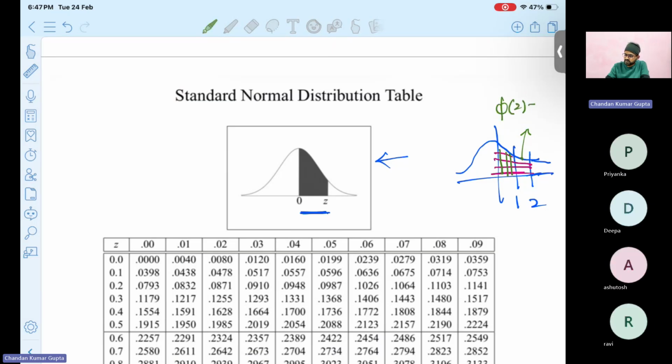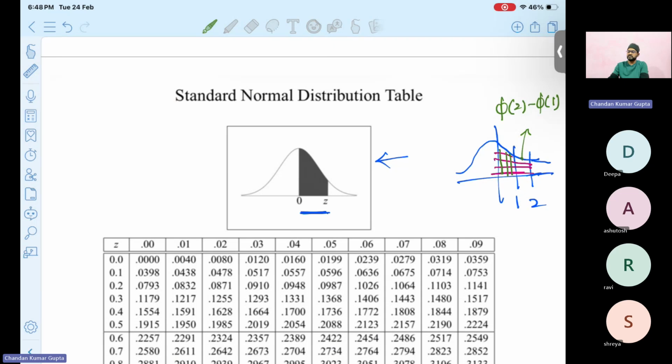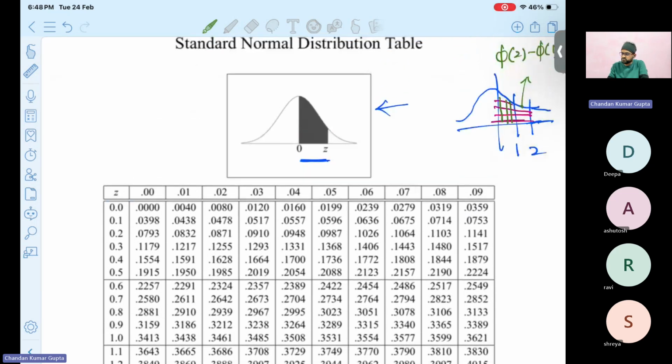Now let's see the values at phi 2 and phi 1.